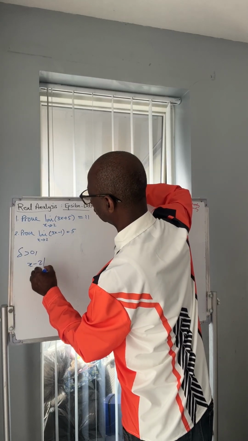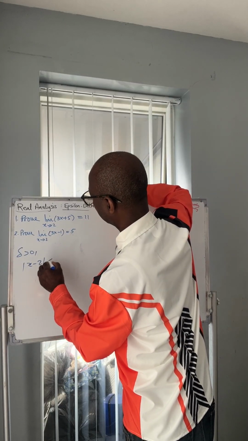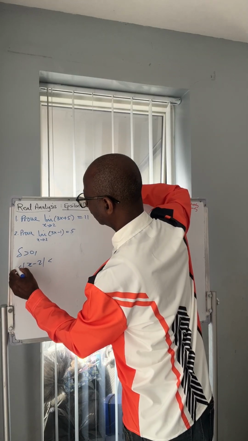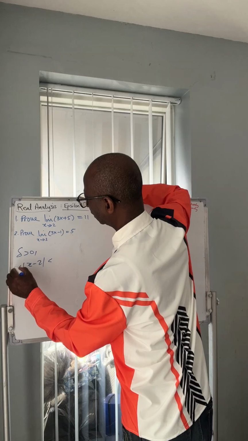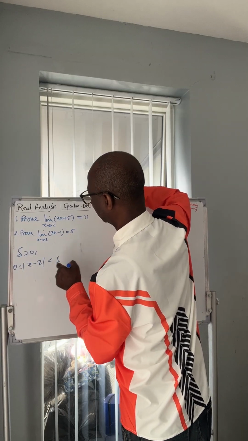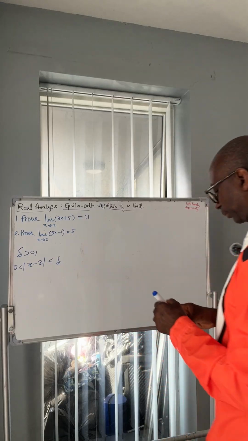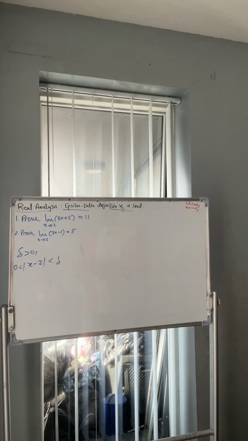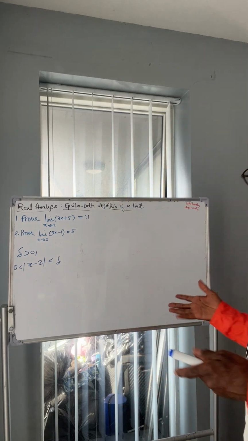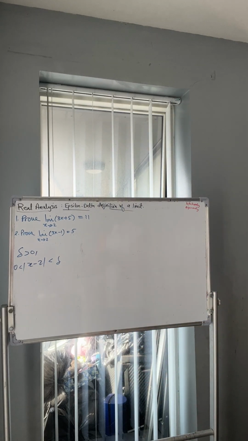0 less than the absolute value of x minus 2 less than delta. We like to put greater than 0 because we are using distances, and a distance cannot be negative. When you are taking measurements of a distance, you can't have minus, otherwise it doesn't make sense.